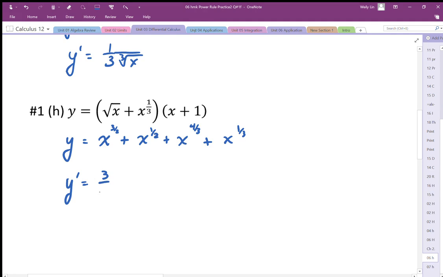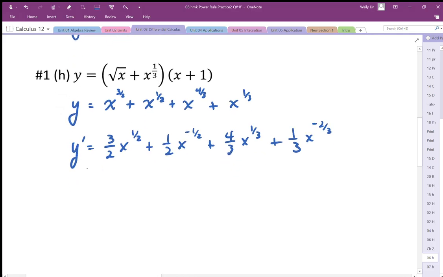So I end up with 3 over 2 x to the 1/2 plus 1/2 x to the negative 1/2 plus 4 over 3 x to the 1/3 plus 1 over 3 x to the negative 2/3. Okay, and that's good enough.